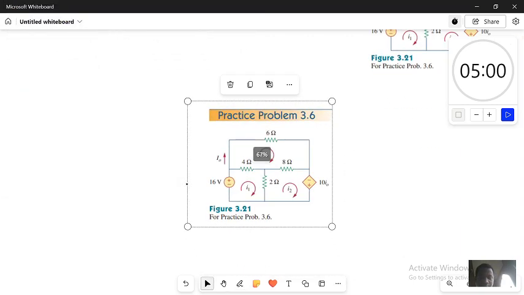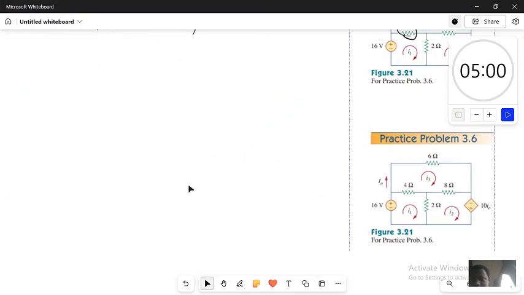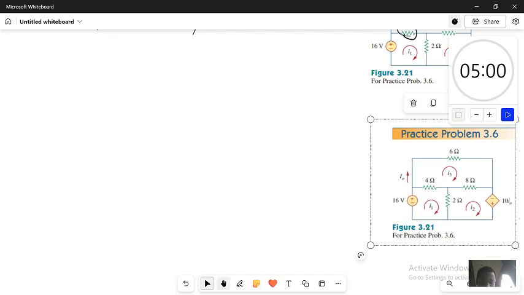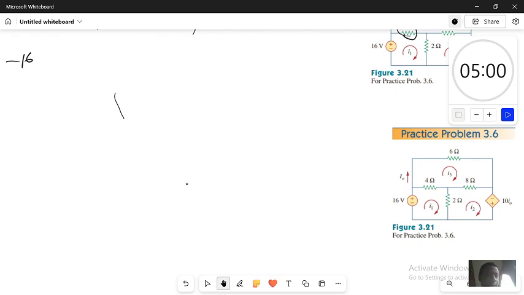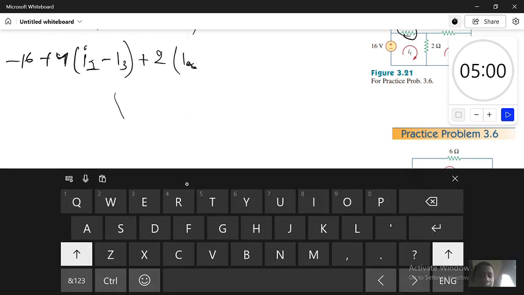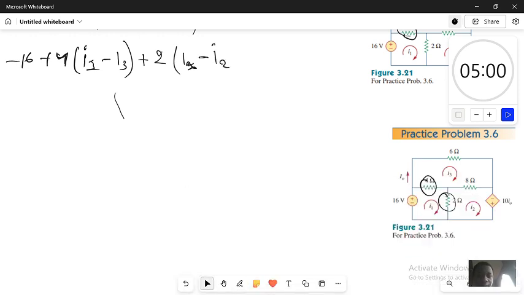Here I will have minus 16 in this example, plus 4, since the resistor is between mesh 1 and mesh 3, so I will have 4 times I1 minus I3, plus this 2 is between mesh 1 and mesh 2, so I'll have 2 times I1 minus I2, is going to be equal 0.